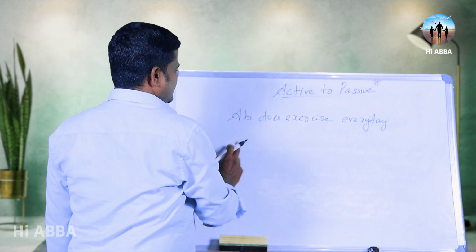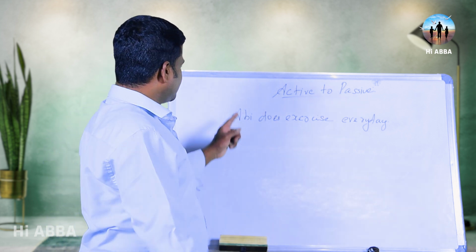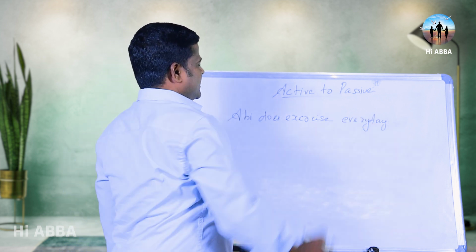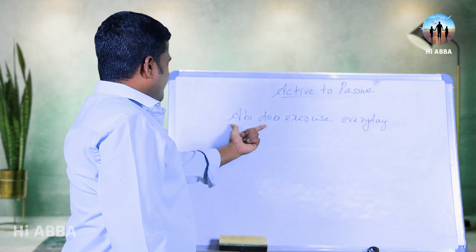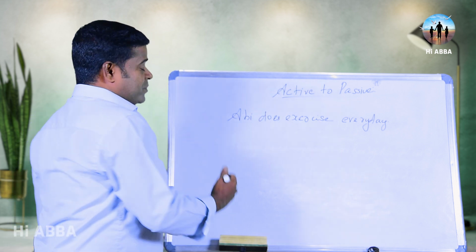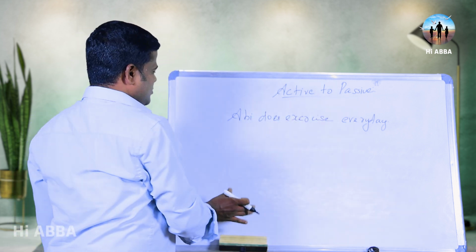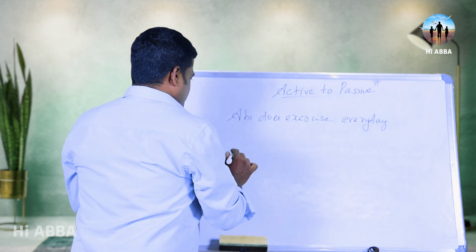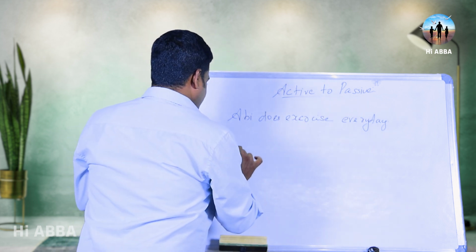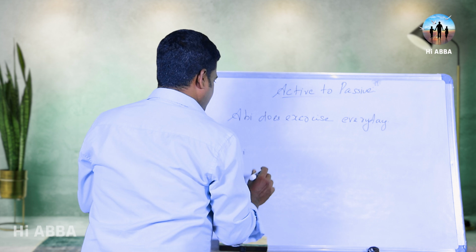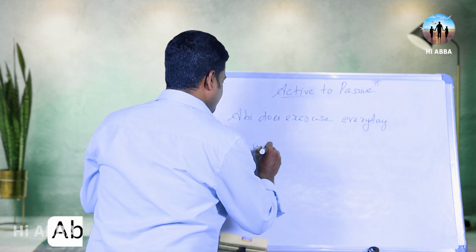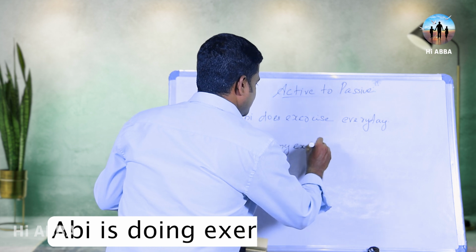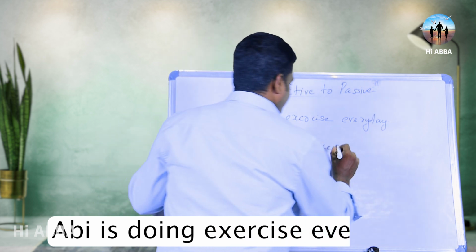Now we know how to write the sentence because it follows the grammatical rules: third person singular, therefore V1 plus S, and the rest of the things. Now we can write other present tenses also, the same sentence using that verb, subject and object. In present continuous tense, it will come this way: Abhi is doing exercise every day.